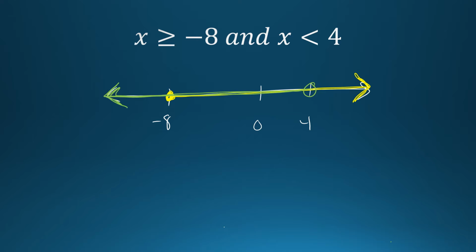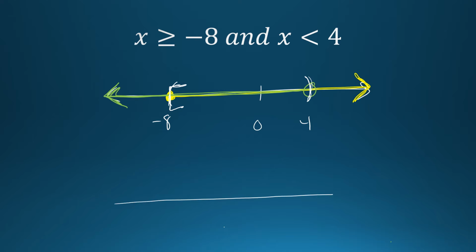And so with AND inequalities, the actual graph, the solution, is the overlap of these two right here. Where do those inequalities overlap? Here, they overlap between -8 and +4.